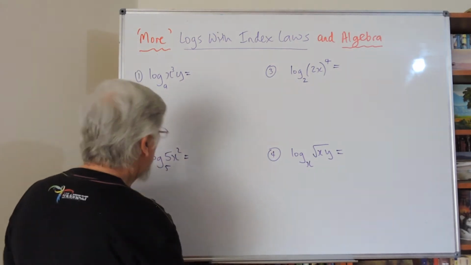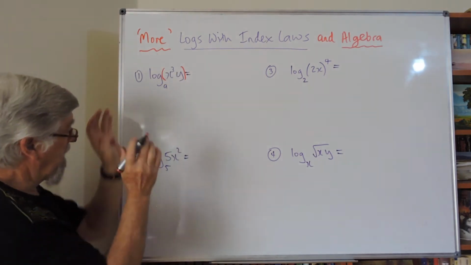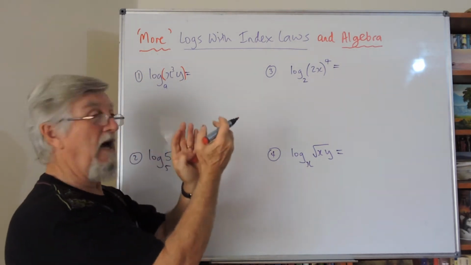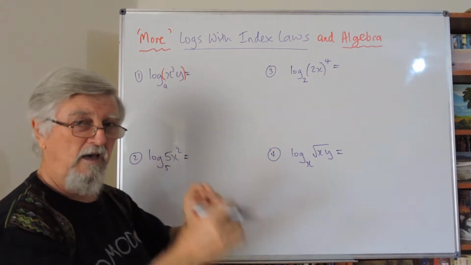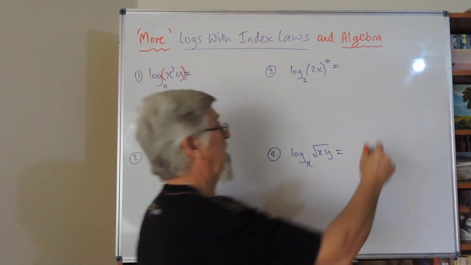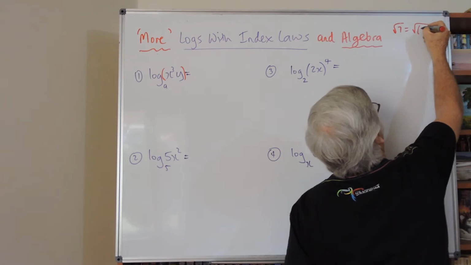The log itself has a bracket around it on the inside to say the x cubed and the y are contained on the inside of the log. They're under the control of that bracket. Everything in maths has brackets around it. When we write a square root, it has a bracket. So if I write the square root of 7, it's actually the square root of bracket 7.